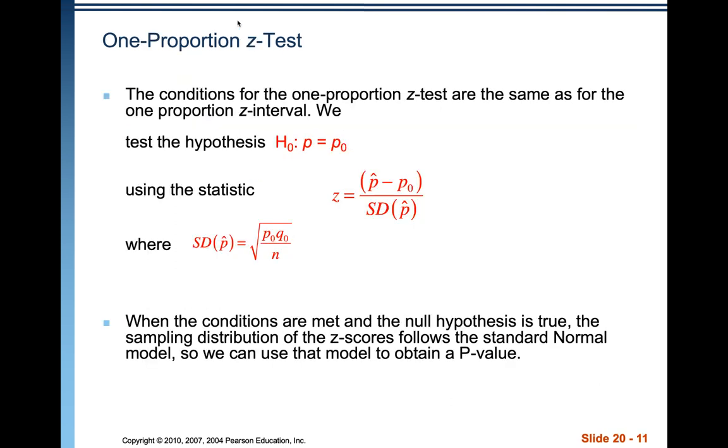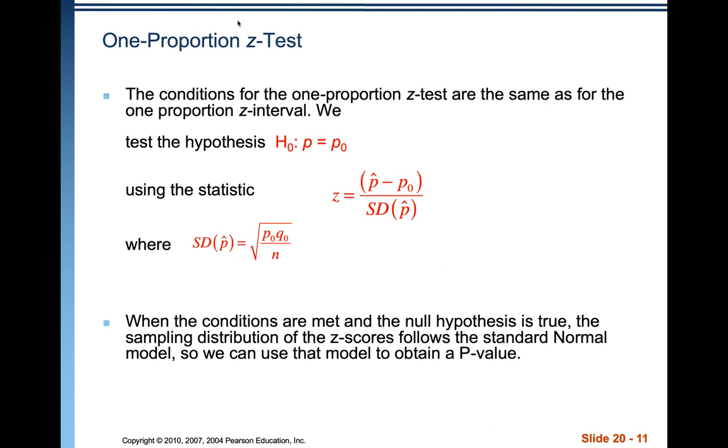The conditions for the one proportion z-test are the same as for the one proportion z-interval. We test the hypothesis H naught: p equals p naught, the hypothesized value for our population parameter, using the statistic z equals p hat minus p naught, the value proposed in the null hypothesis, divided by the standard deviation of p hat.